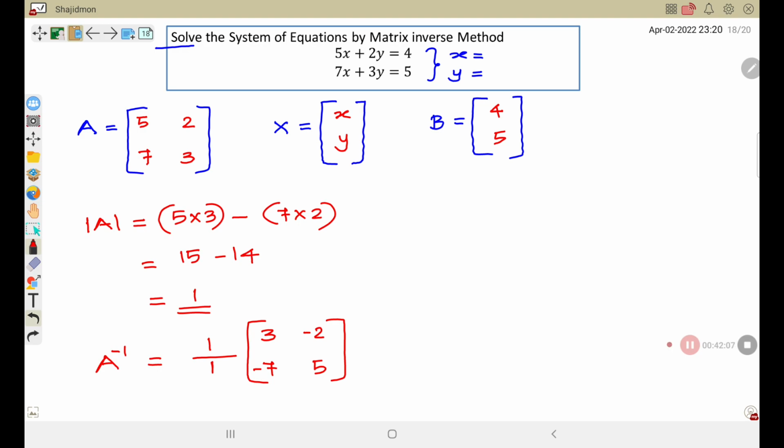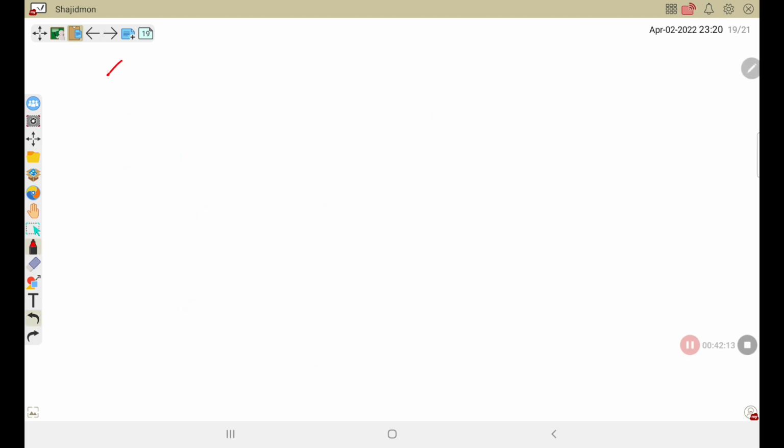Okay, now we are going to find the solution. The solution is X equals A inverse multiplied by the B matrix.